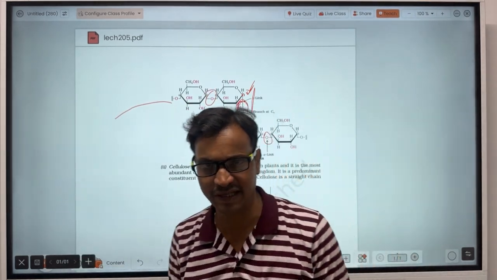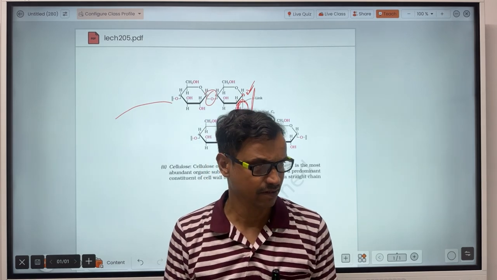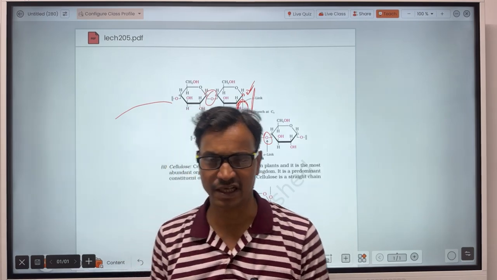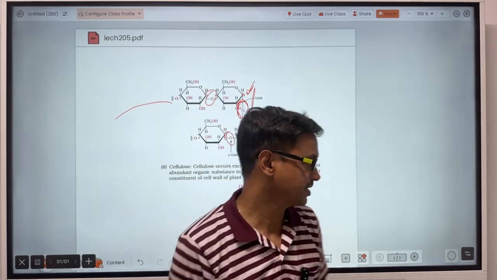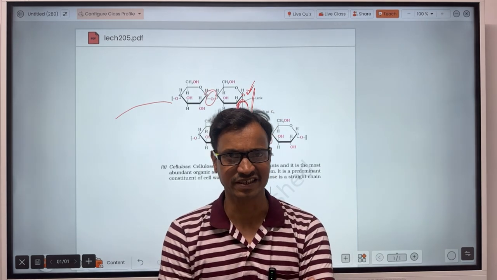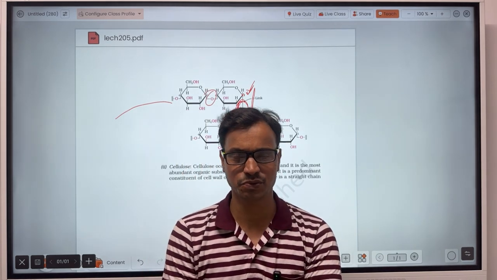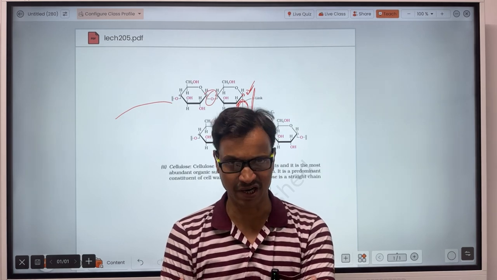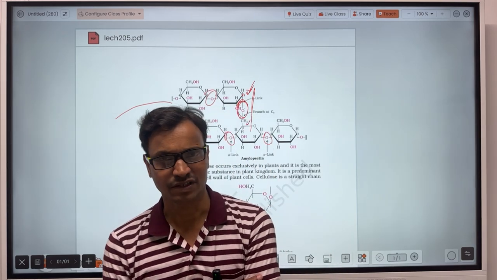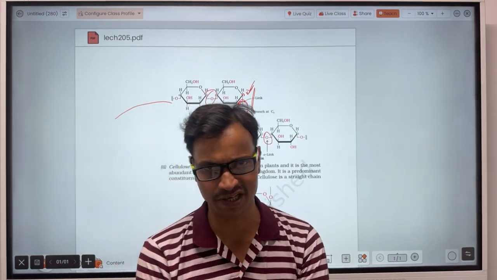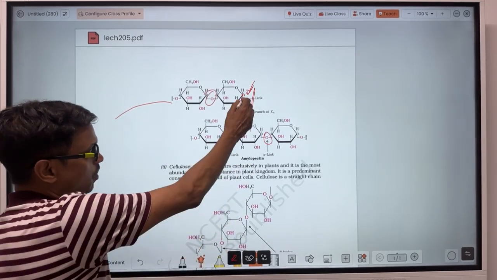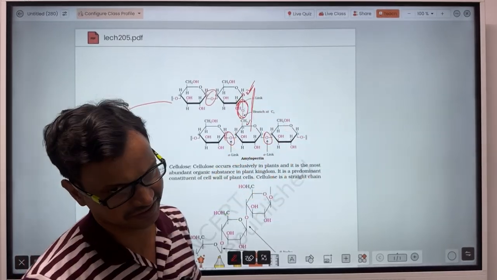So that's the difference. In amylose there is no branching, but in amylopectin there is branching, and in amylopectin also each glucose unit is bonded with the others through 1,4-glycosidic bonding, except the first glucose unit of the branch, which is bonded to the main chain through 1,6-glycosidic bonding.